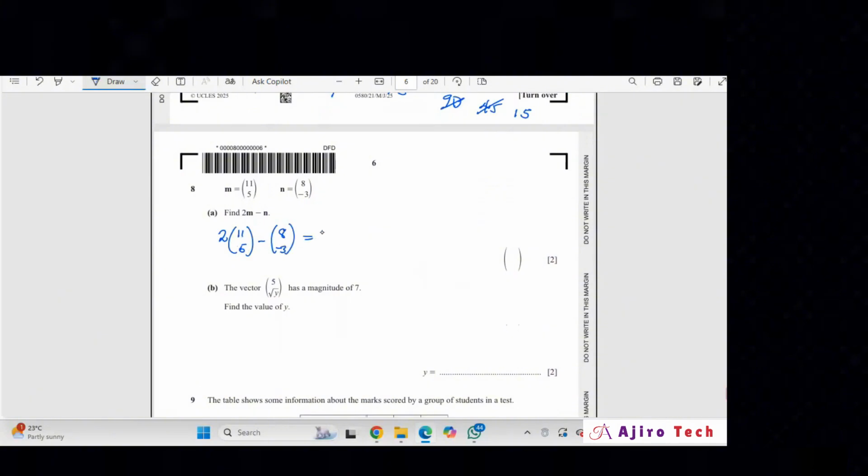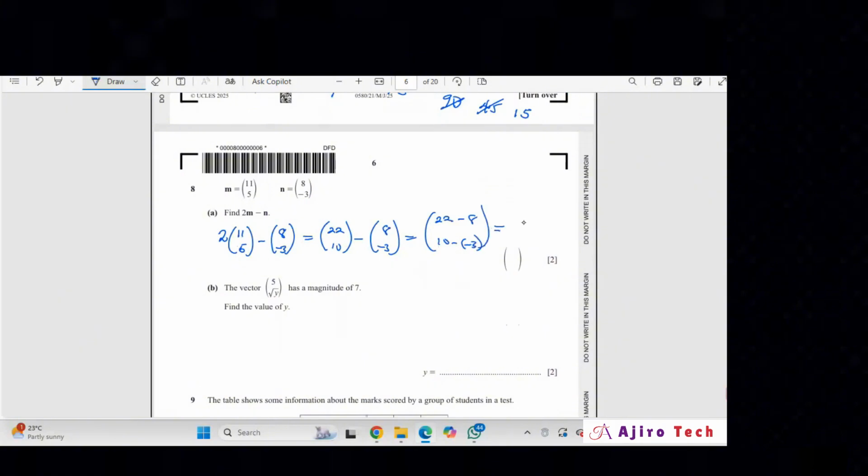If we do this, we're going to have (22, 10) minus (8, minus 3). Having said that, we're going to do it this way, which is going to be (22 minus 8, 10 minus minus 3).